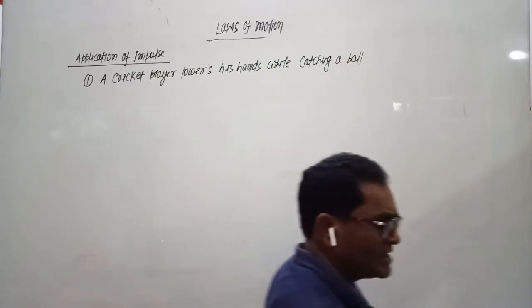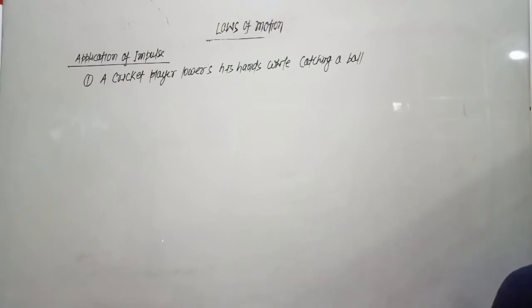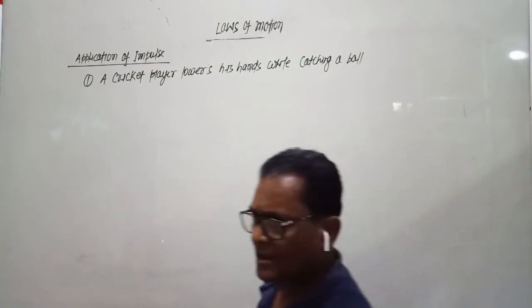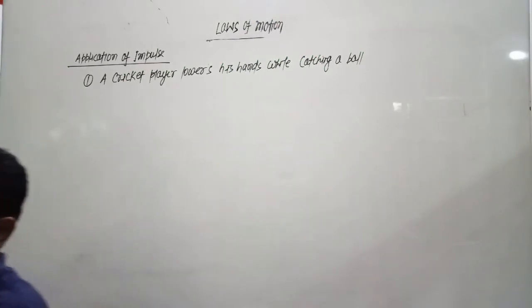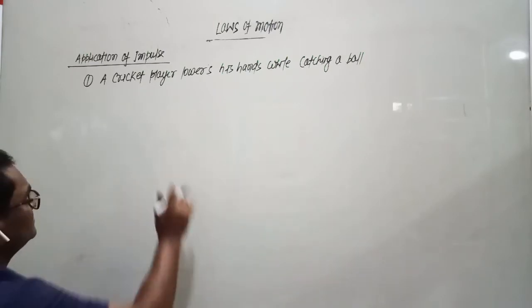By lowering his hands, he increases the time interval. Therefore, less force is exerted on his hands. By moving the hands backward, the cricket player increases the time of catch.